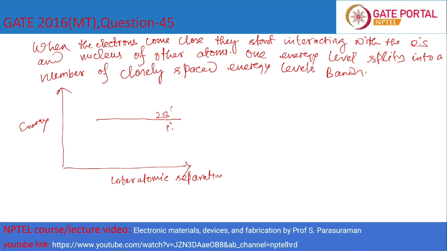When the atoms come close together, this one energy level splits into a number of closely spaced energy levels. So these are what we call energy bands.